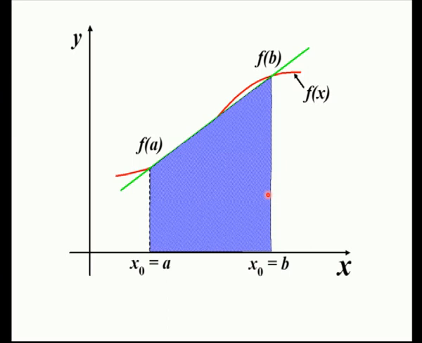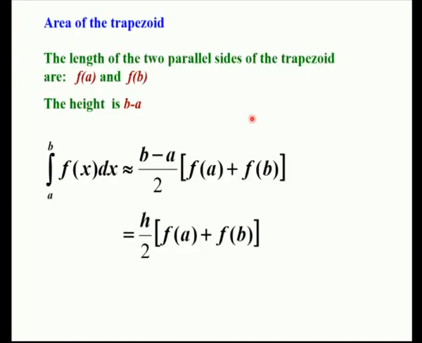You can see that here you have excess area and there you have less area, that will compensate and give you an approximate value of that area. Once you have the area, that is the value of the definite integral. So, by this we are approximating the definite integral, and the polygon is called a trapezium. So, we are computing the area of the trapezium.